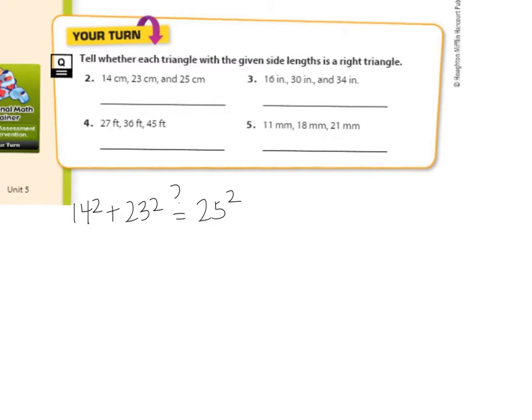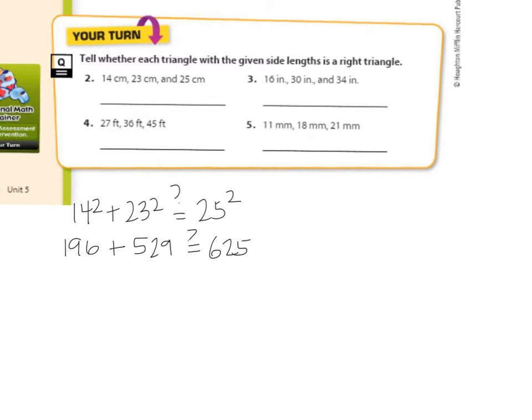So 14 squared is 14 times 14, which is 196, plus 23 squared, 23 times 23, is 529, maybe equals 25 squared, and 25 times 25 is 625.